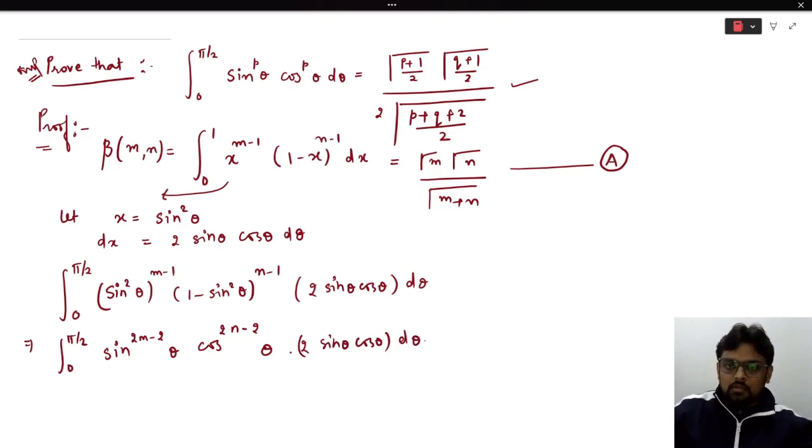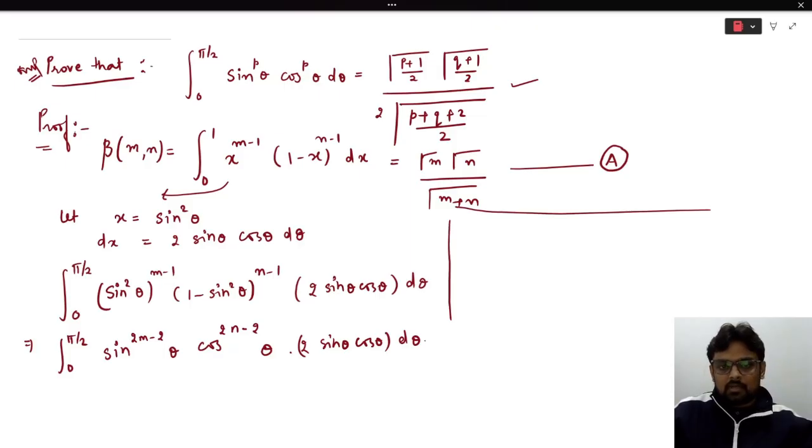So here we have sin^(2m−2)θ cos^(2n−2)θ, and here 2 sinθ.